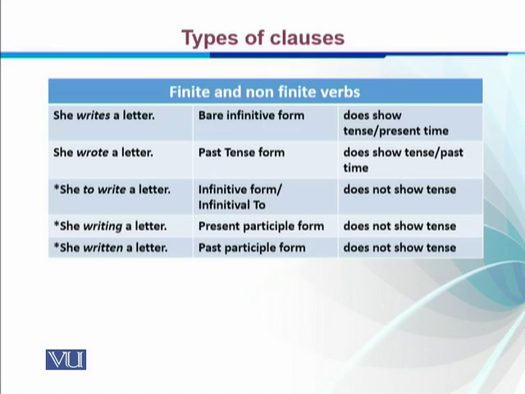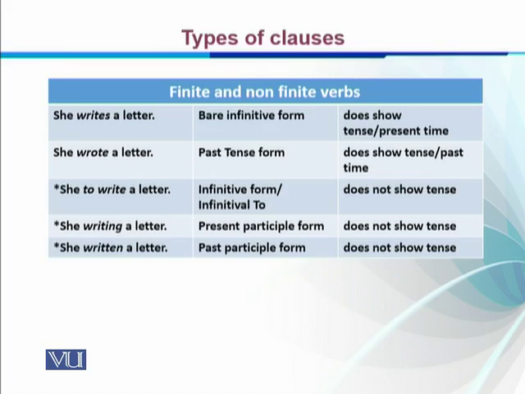Here we have the verb writes, right? Writes shows tense, that is present time. So it is a finite verb, and it's a finite clause as well as a sentence. Similarly, she wrote a letter. Wrote is a past tense form and it shows past tense. So it is a finite clause, right?